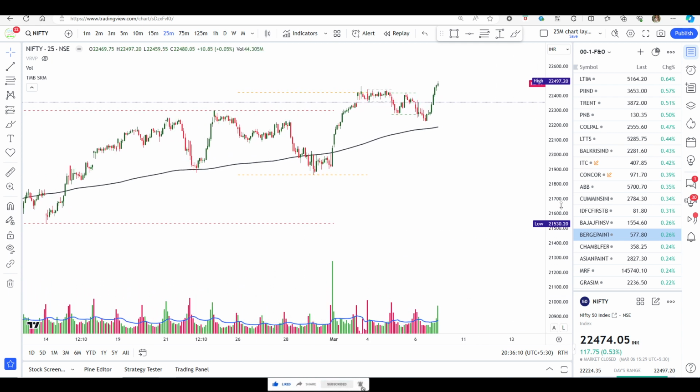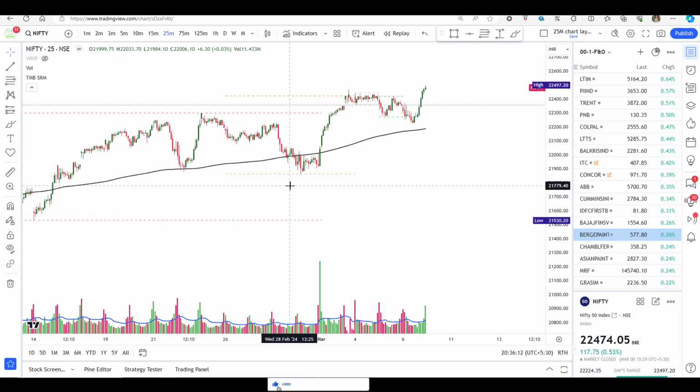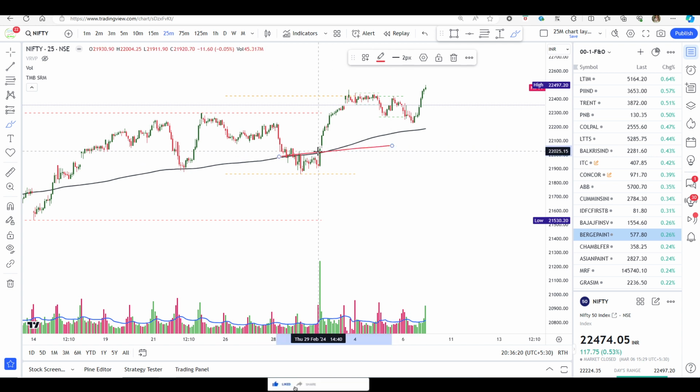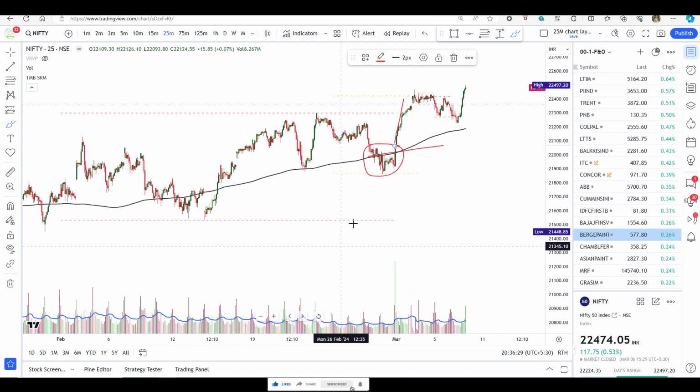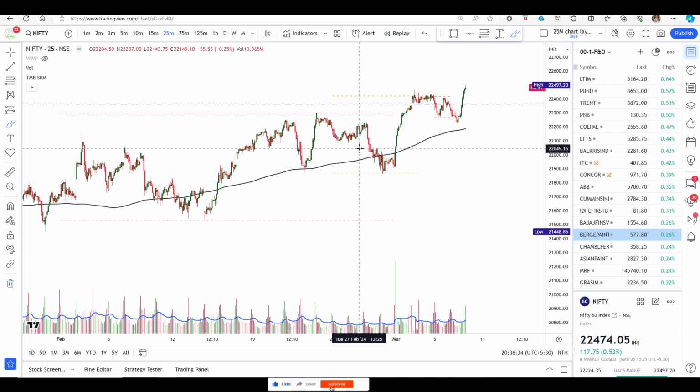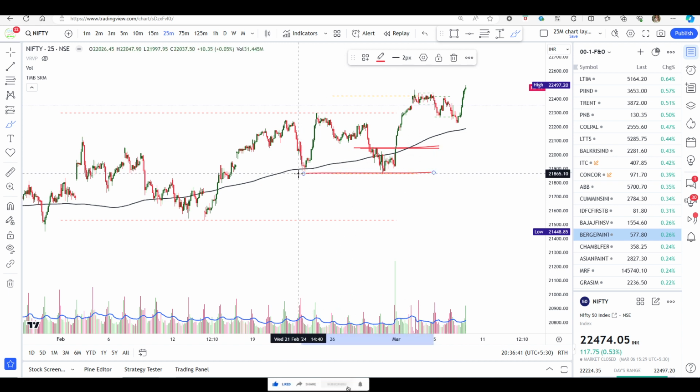What we will do is, whenever the price moves above the 200 moving average and the candle closes above it, this is the previous low.